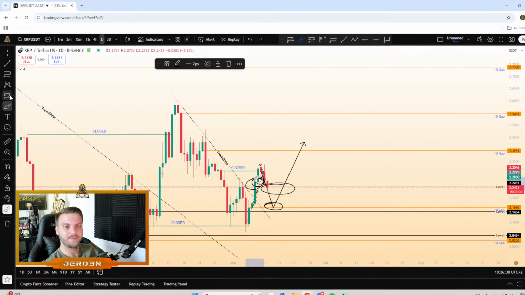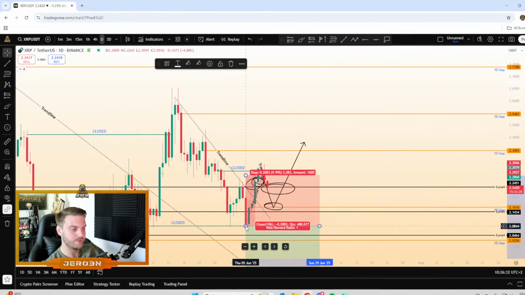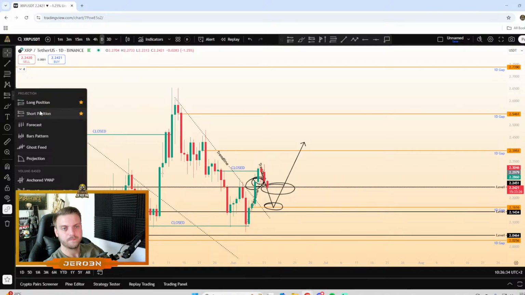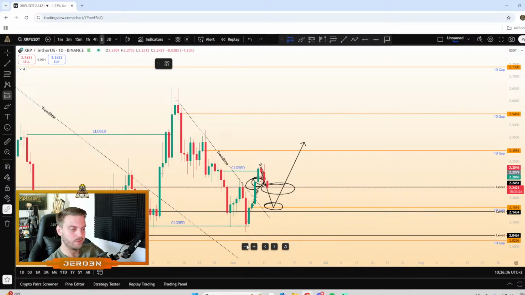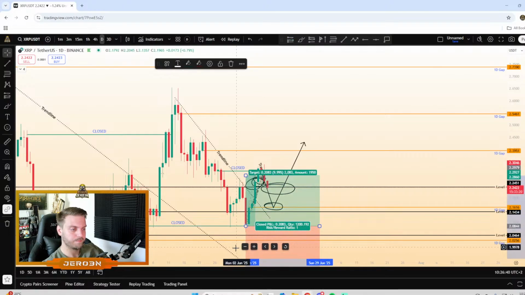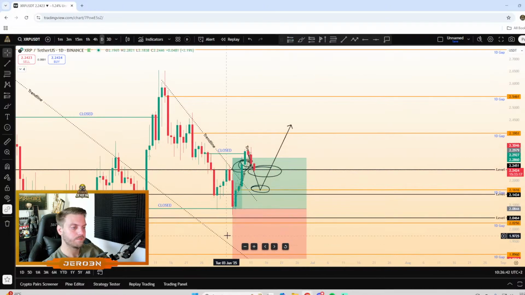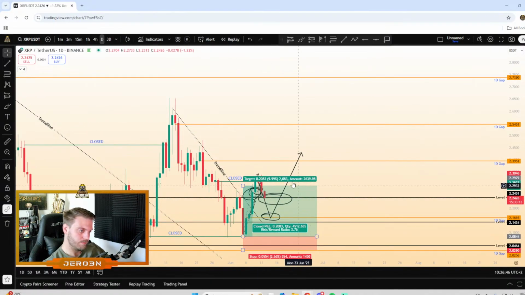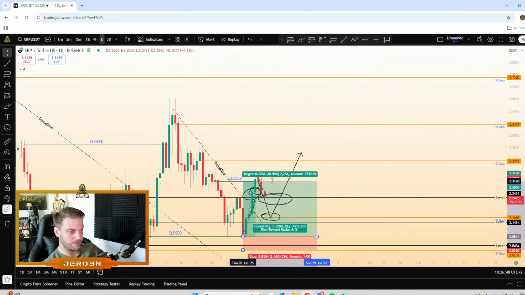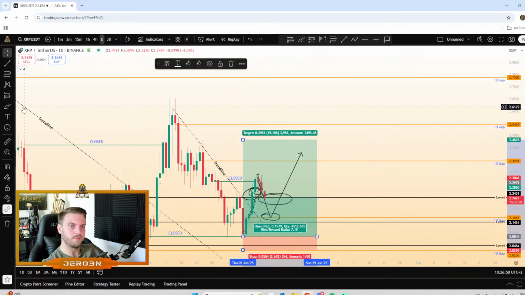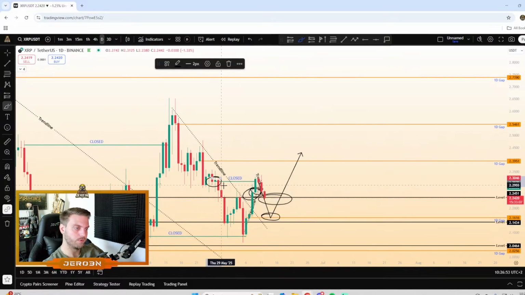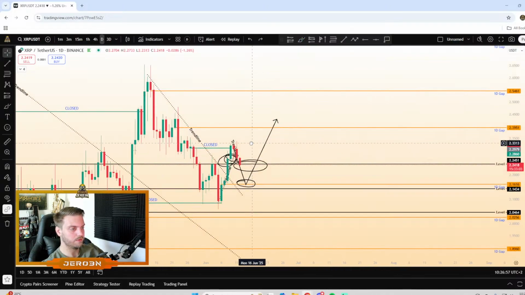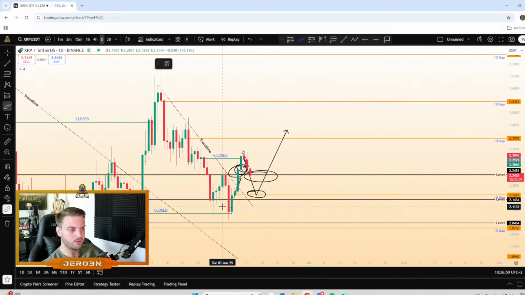But we had our long entry from over here. Yeah, this is where we had our entry. And yeah, the first gap got closed. So this gap got closed. And from there, we broke out of this trend.